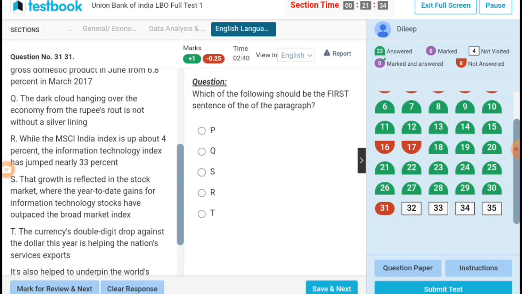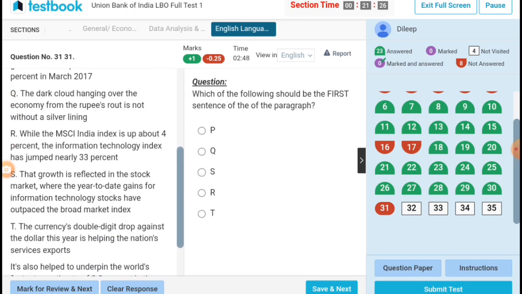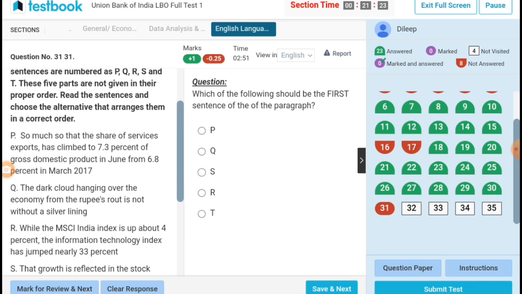The currency's double-digit drop against the dollar this year is helping the nation's service exports. So the share of these service exports, I think TP, so T and P line.